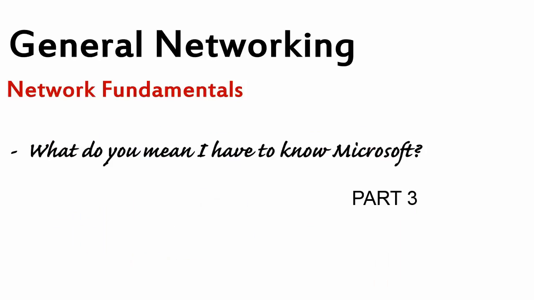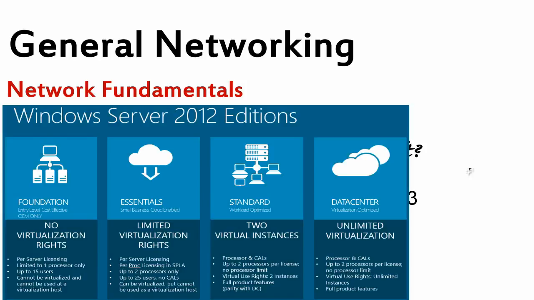Let's take a look at some editions that are available. As an example, I took Windows Server 2012. As you can see on the screen, let's start with Essentials. This is something that was introduced by Microsoft to replace Small Business Server, SBS 2003 and 2008.